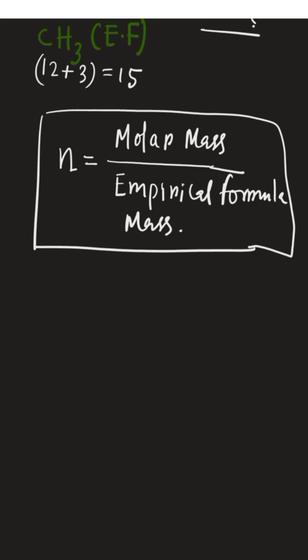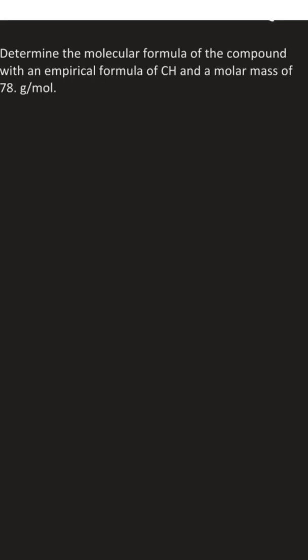So the numerical is given like that. So you can see there is a problem. In this problem they have asked, determine the molecular formula of the compound with an empirical formula of CH and the molar mass is given. So there you can see the given things are what?